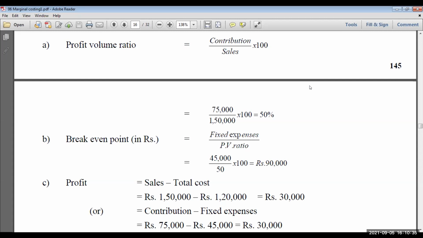Net income is your net profit. In the profit and loss account, net profit after tax, profit after tax will be there. Yes, I checked, but I didn't get it. Show me.